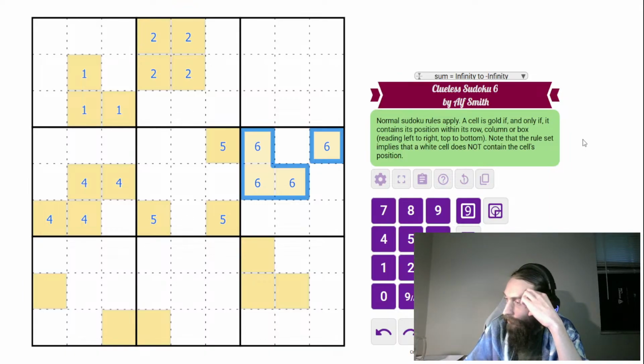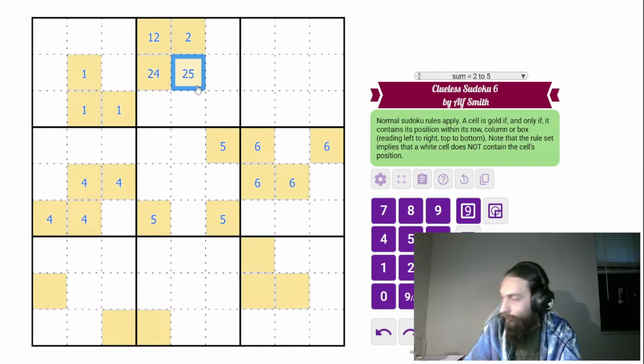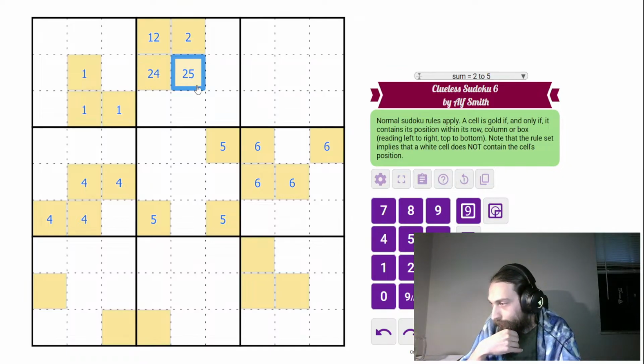So am I misunderstanding the rules then, Joseph? It's not by box, it's position. So are you saying that this is not box 6, but position 1, position 2, position 4, position 5 in the box?